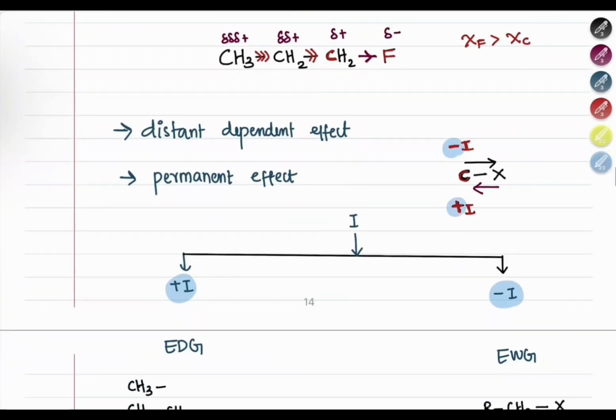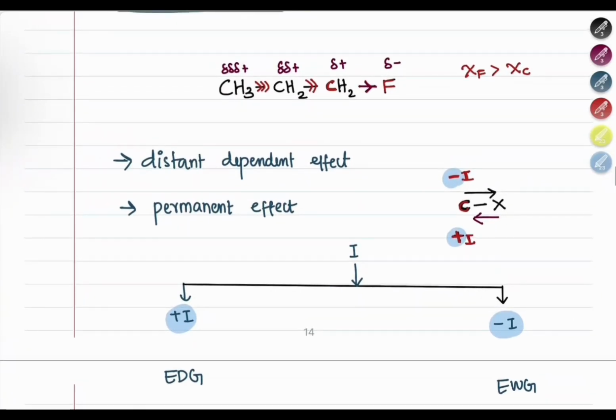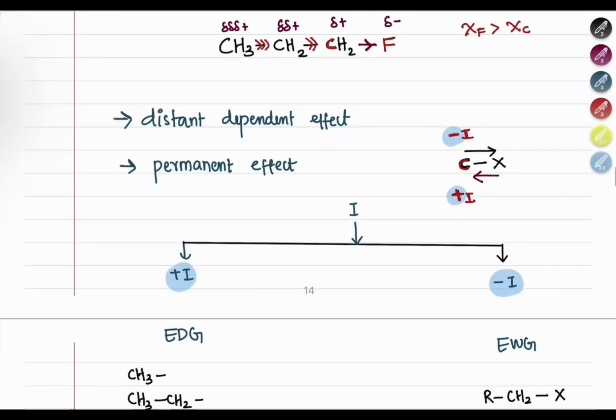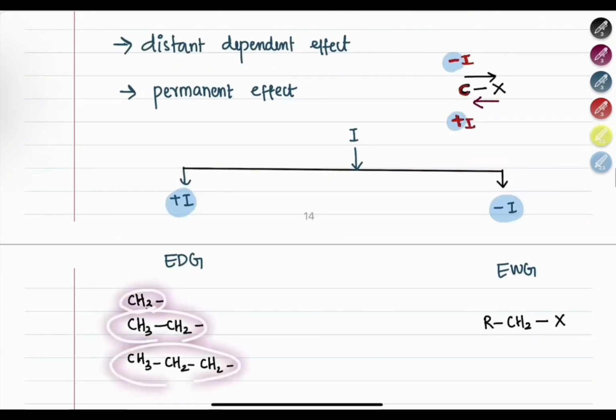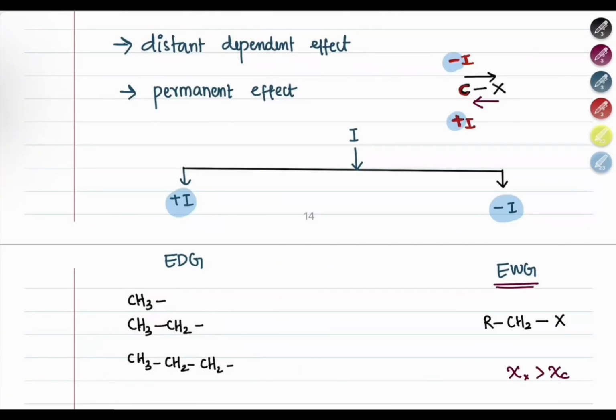So plus I means electron donating groups are attached to the carbon chain, and minus I means electron withdrawing groups are attached to the carbon chain. Examples of electron donating groups are methyl, ethyl, propyl. All these groups are electron donating groups, and any group which has electronegativity higher than that of carbon will have an electron withdrawing effect, and it will have minus I effect.